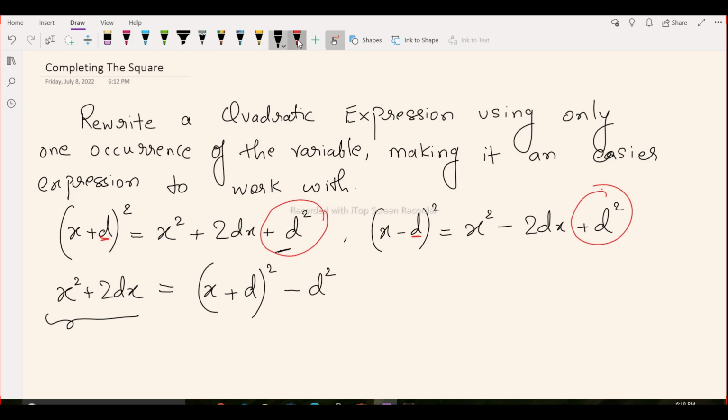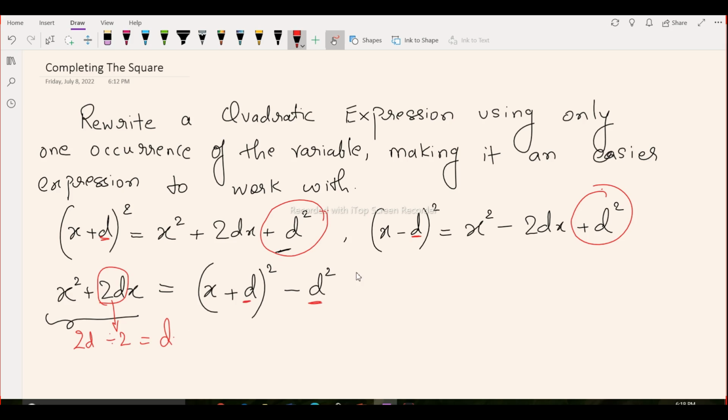So actually what I'm doing is I'm dividing the coefficient of x, this coefficient, by 2. So 2d is divided by 2 to get d, and the square is added and subtracted to the expression.